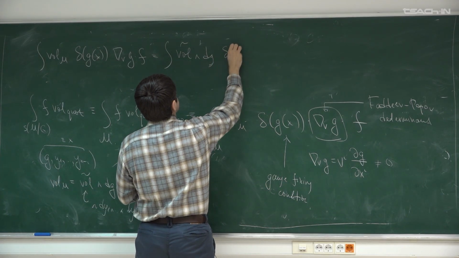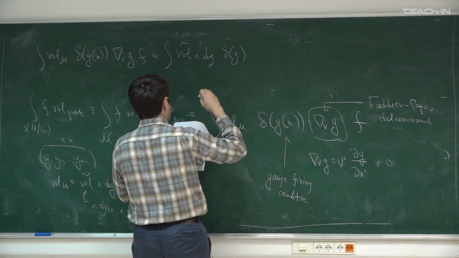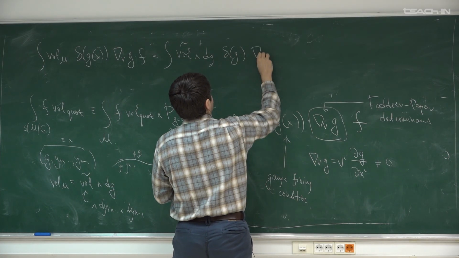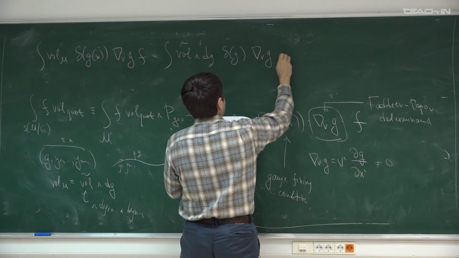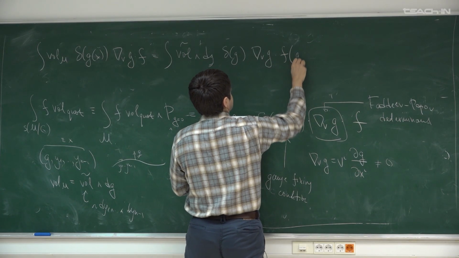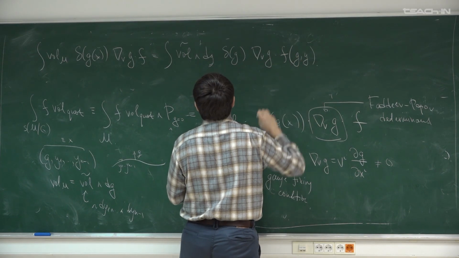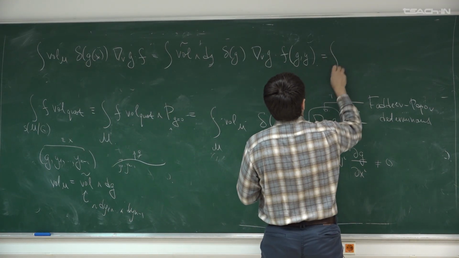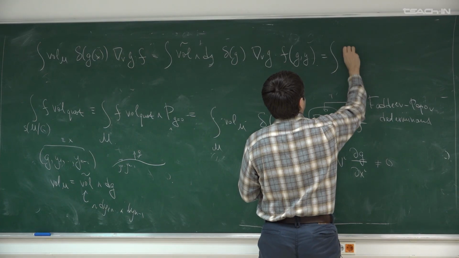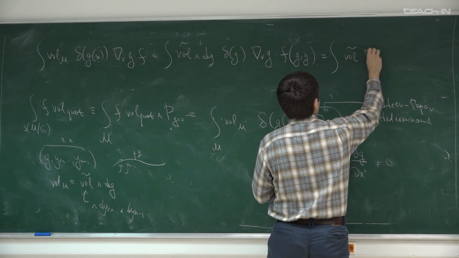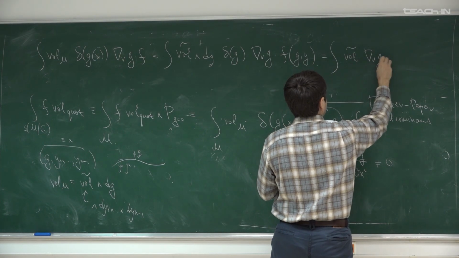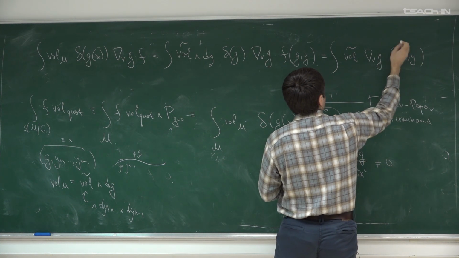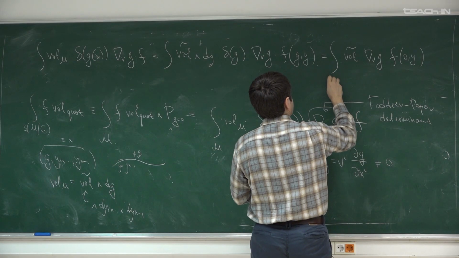Then dg, delta function of g, nabla Vg, and then we have a function depends on g and y, and we take the integral over g, so this becomes volume tilde nabla Vg f of 0, y. So this is everything at g equals 0.